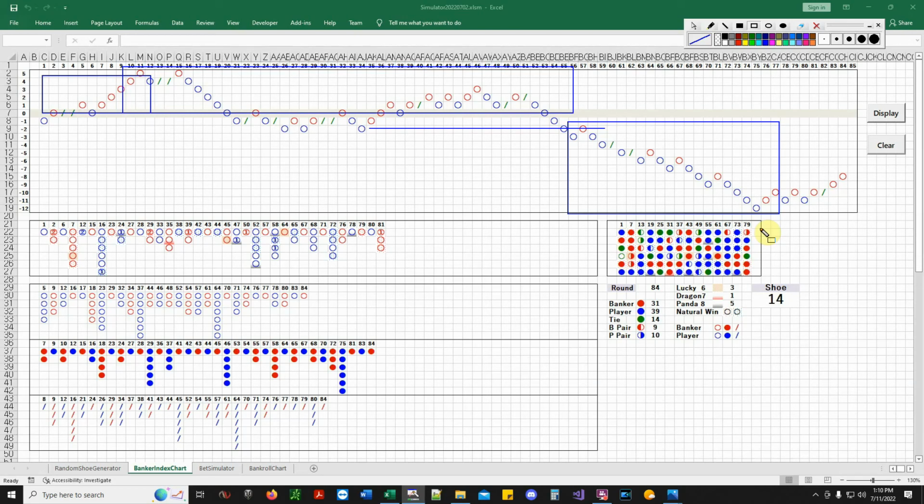But guess what? If you're looking at a chart this way and you see the breakdown, this is what you call a breakout right here, and you just start betting player from that point on, boom.